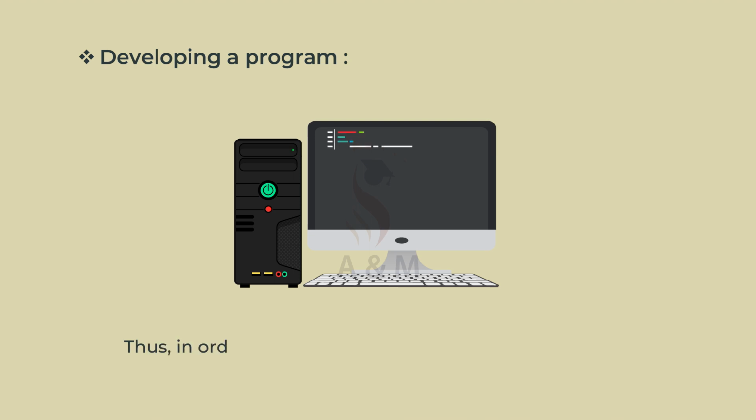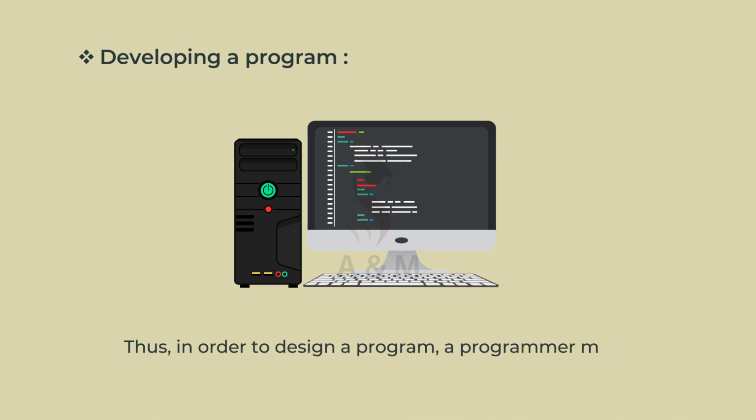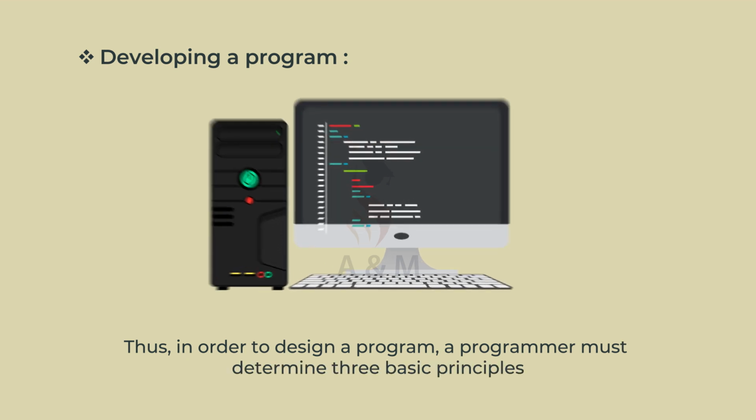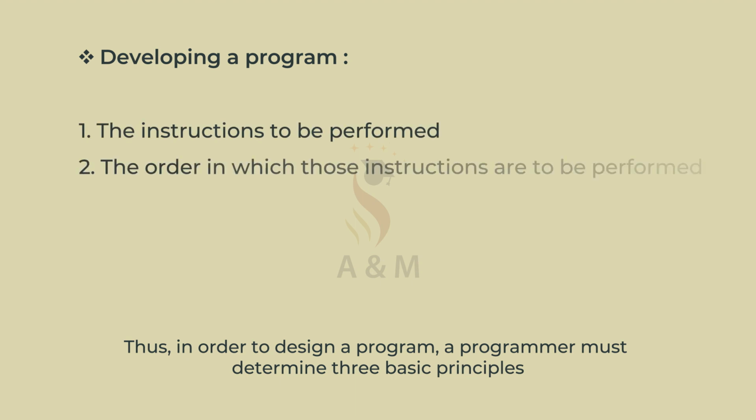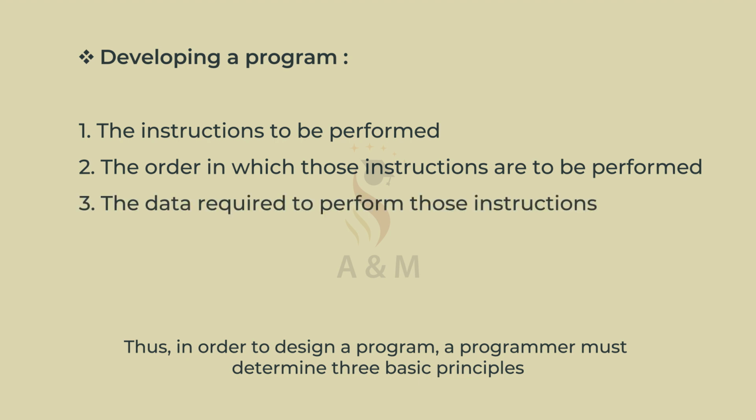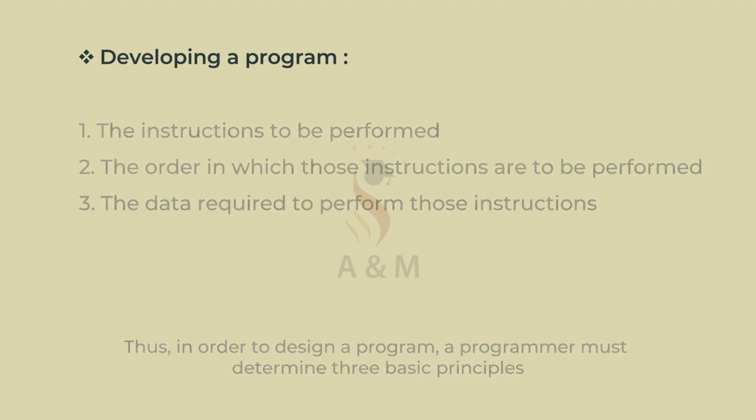Thus, in order to design a program, a programmer must determine three basic principles. They are: first one, the instructions to be performed. Second one, the order in which those instructions are to be performed. Third one, the data required to perform those instructions.